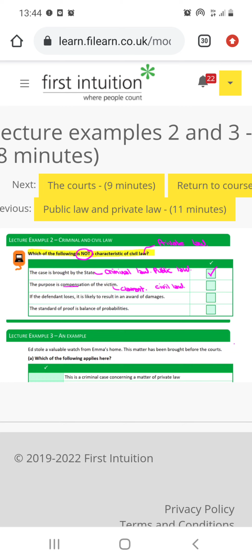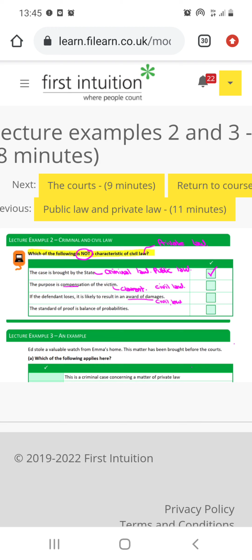The third one here, if the defendant loses, it's likely to result in an award of damages. Now, damages are civil law. So this is not the correct answer to the question. For criminal law, it's a fine and or imprisonment.